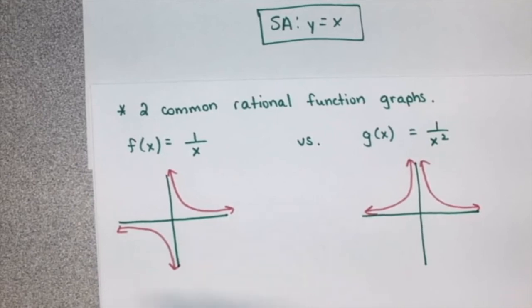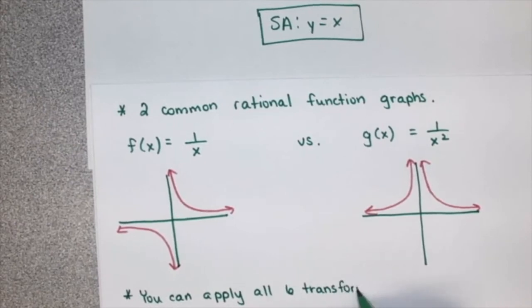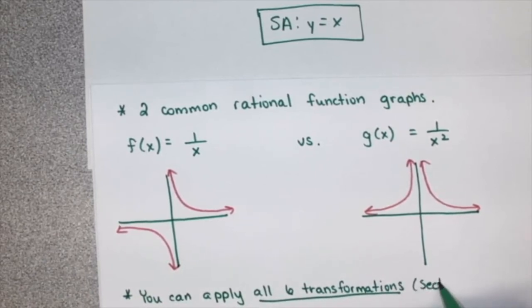But what you do need to be able to do is, from Unit 1, apply all 6 transformations to these. And if you've forgotten that, you might be able to refresh your memory in section 2.5.